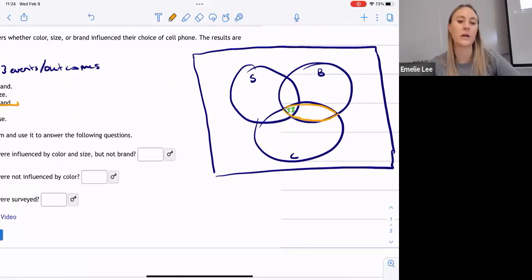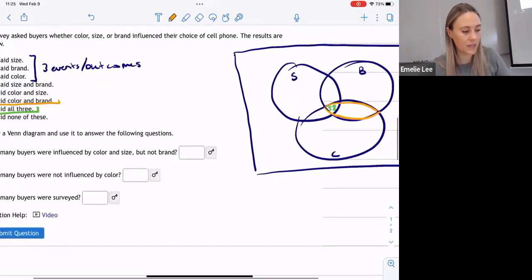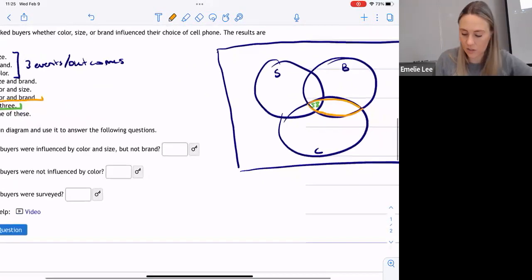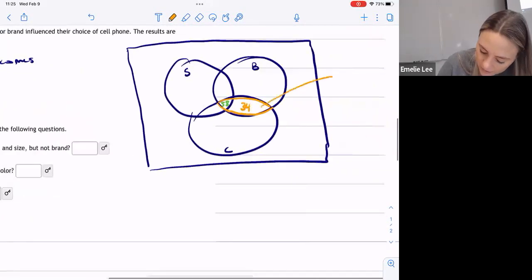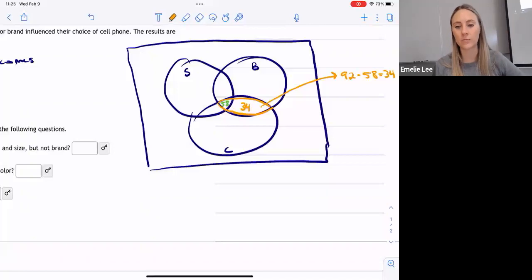Where it's both color and brand, but we've already accounted for 58 of those. So 92 minus 58 is 34. And maybe I'll make a little note here. 92 minus 58 is 34. I'll only do that for that one, but I think you get the idea.